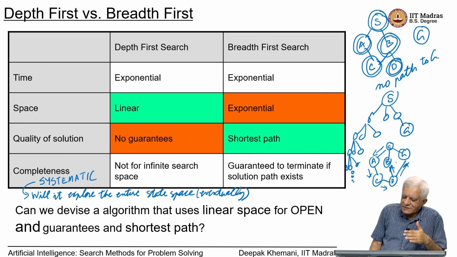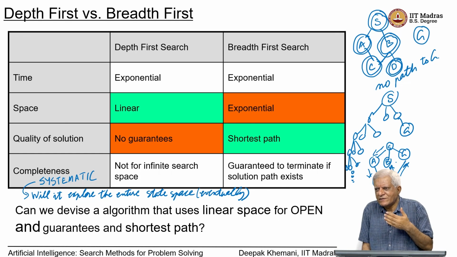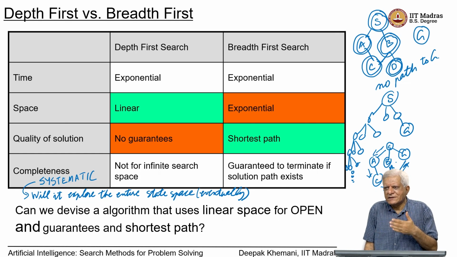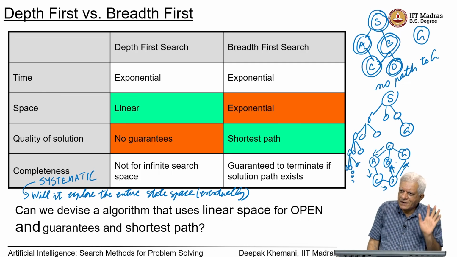But if there is a path of finite length to the goal, then breadth first search will find that path, because it goes down level by level, and because the goal node is at some finite distance from the start, breadth first search will eventually look at that. Whereas, depth first search, as shown in the middle diagram which I drew, can go down a path and never come back from there.